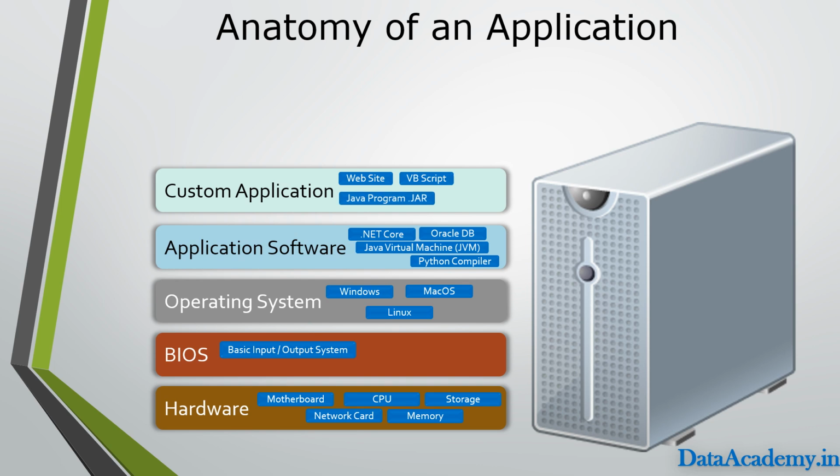But if you look deeply at the custom application, such as the website or the VB script or a Java program, what they really need, or the only dependency they have, is on the application software, right? They really don't interact directly with, let's say, the operating system or the BIOS or the hardware. Most of their interaction is with the application software, right?